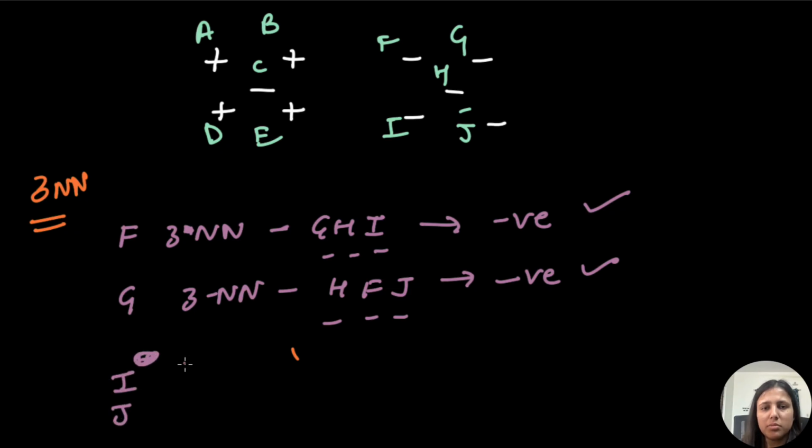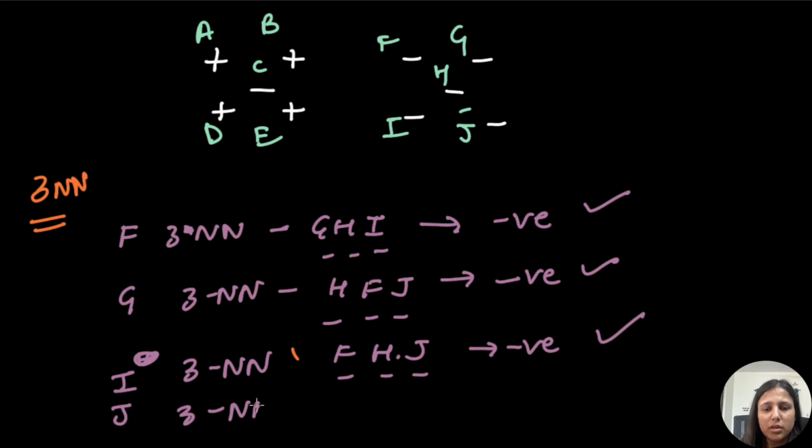The 3NN neighbors for I are F, H and J. All 3 of them are negative, so it will also be labeled negative, which is correct. The 3 neighbors of J are I, H and G, which are also negative, so this will be labeled correctly.